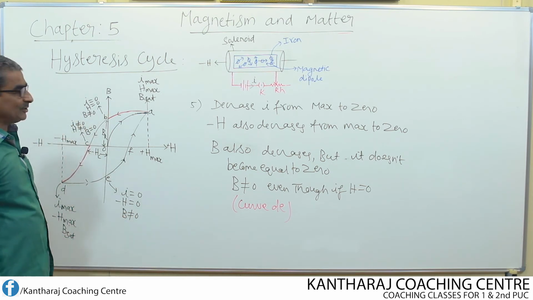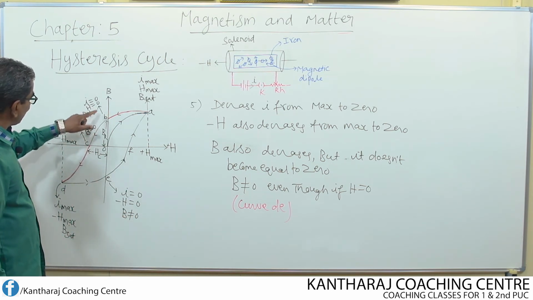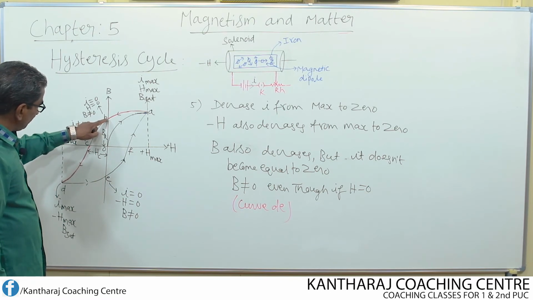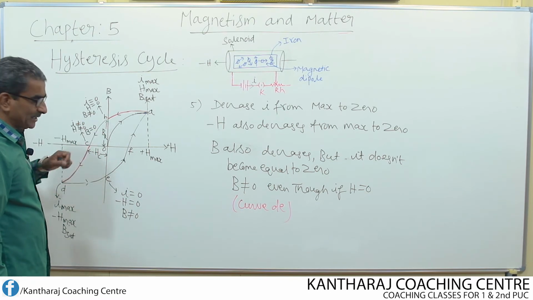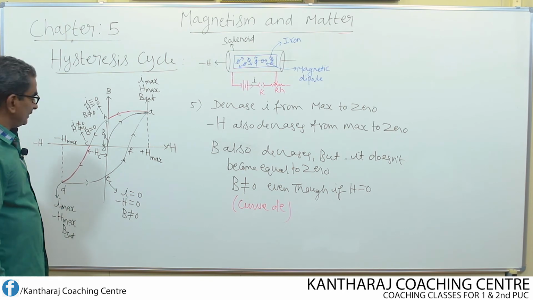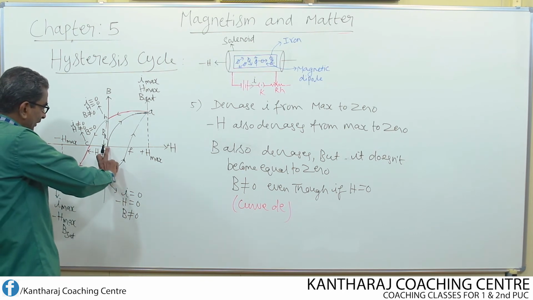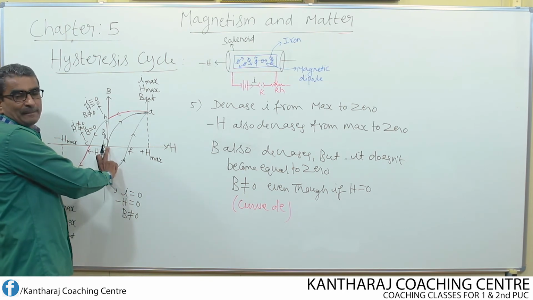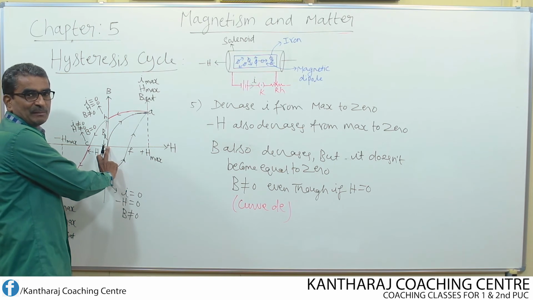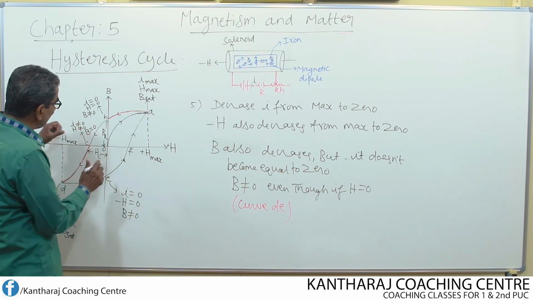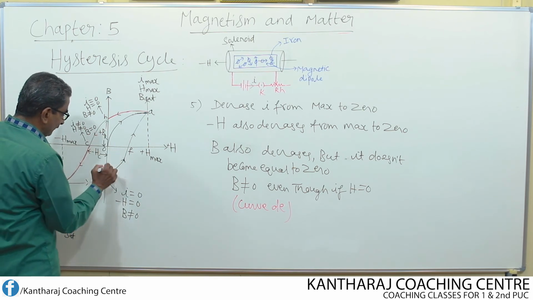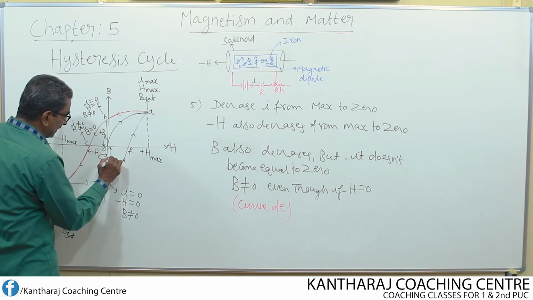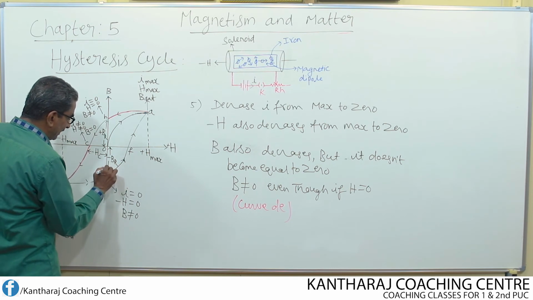It is almost a replica of this point. So B and E are the replica. The substance is able to retain its magnetization. That means residual magnetism exists even in the negative direction. If this value is plus Br, then from here to here it can be taken as minus Br.